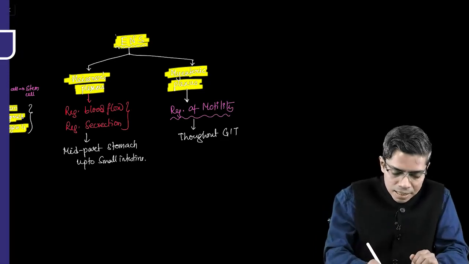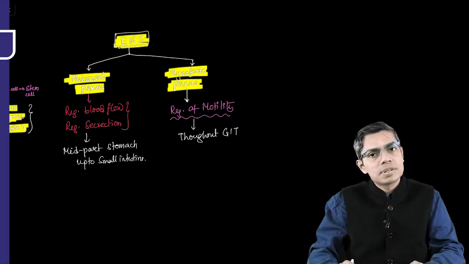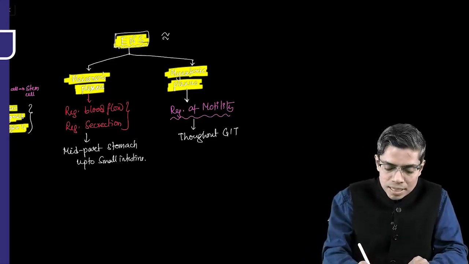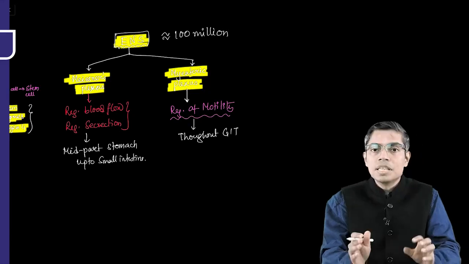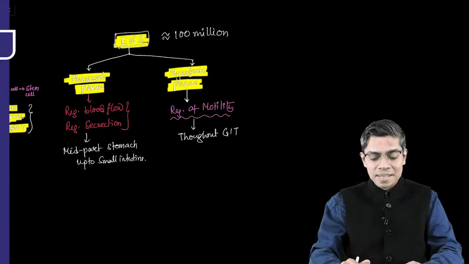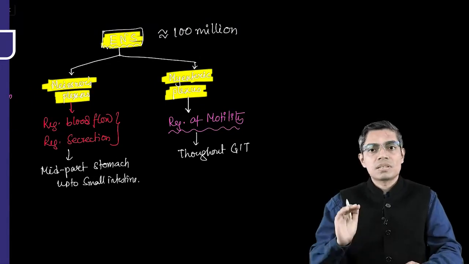If you look at the number of neurons within this enteric nervous system, that is huge, that is 100 million neurons present within the enteric nervous system. And the enteric nervous system is a self-sufficient autonomous system.